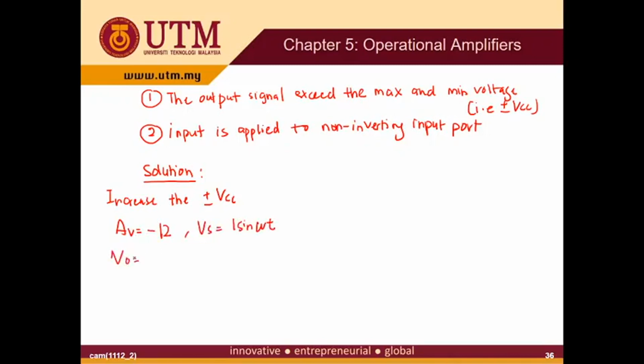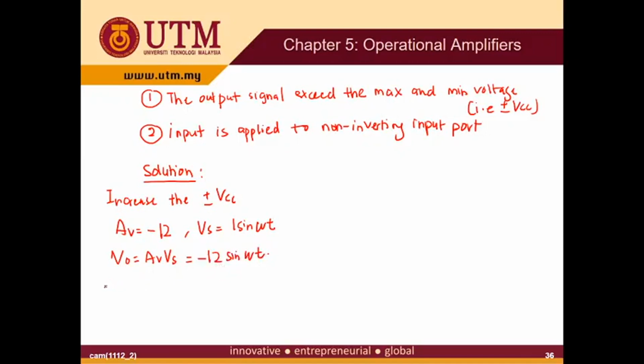So Vout is AV times Vs, which will give you -12 sine omega t. So the peak voltage of this output waveform is 12 volts, and the minimum is -12 volts.